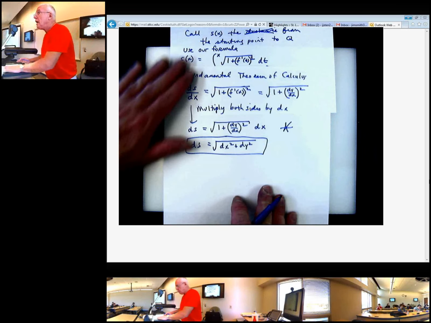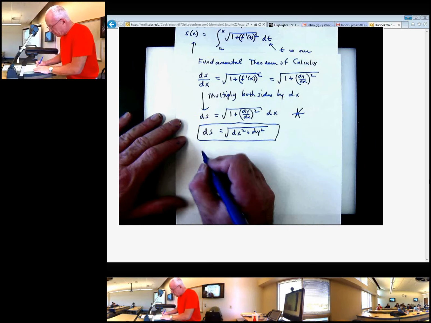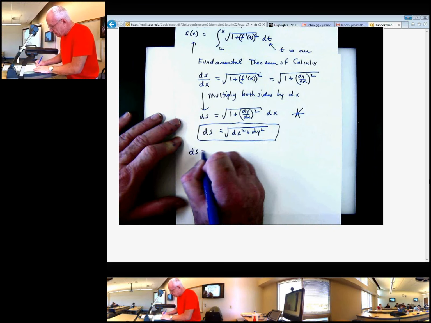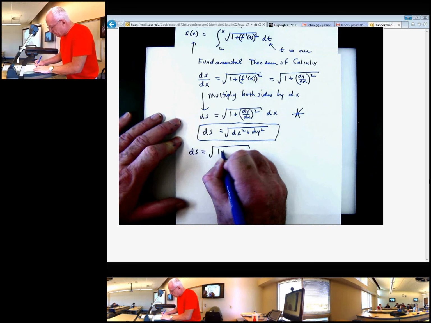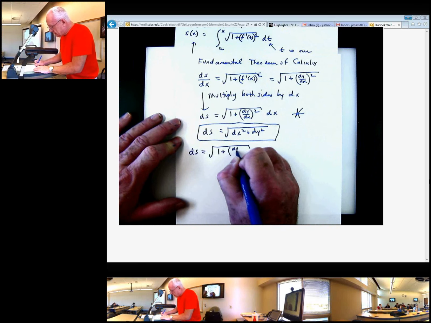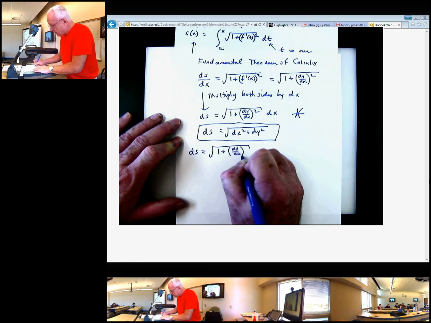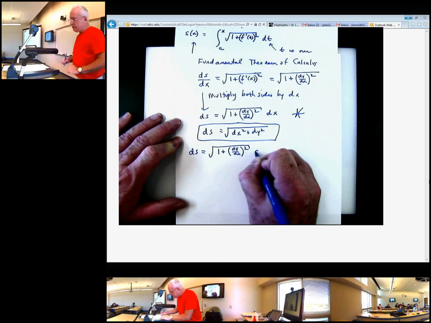So let me rewrite this just to make sure we're clear. ds is equal to the square root of 1 plus dy dx squared, times the dx.